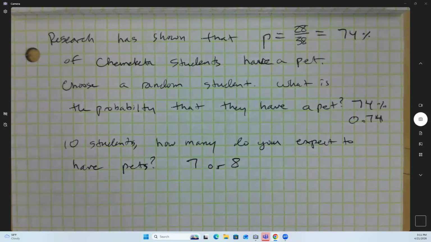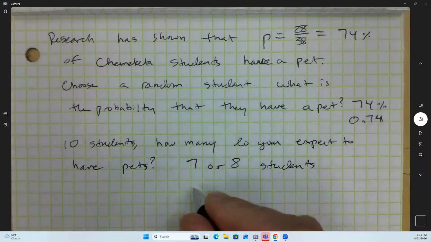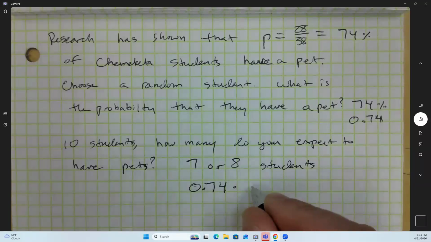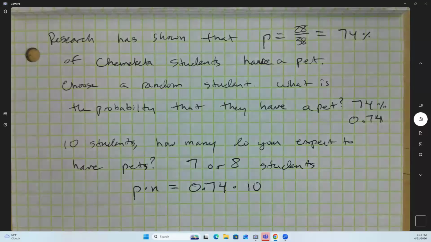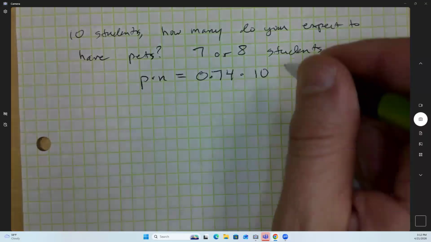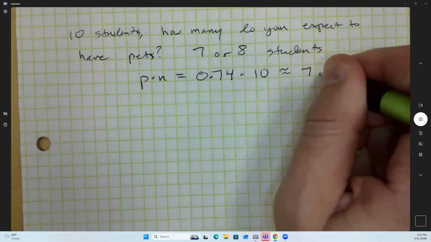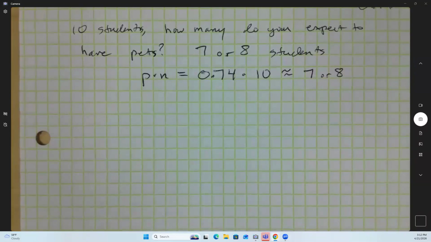All right, so, this is a social science. We have to make this understandable to humans. 7 or 8 students, because I take my 0.74 times 10, I take my probability times my number of trials. And that's approximately 7 or 8. Yeah, okay.